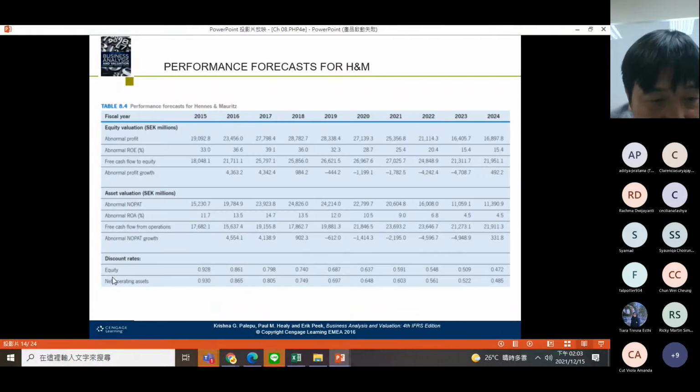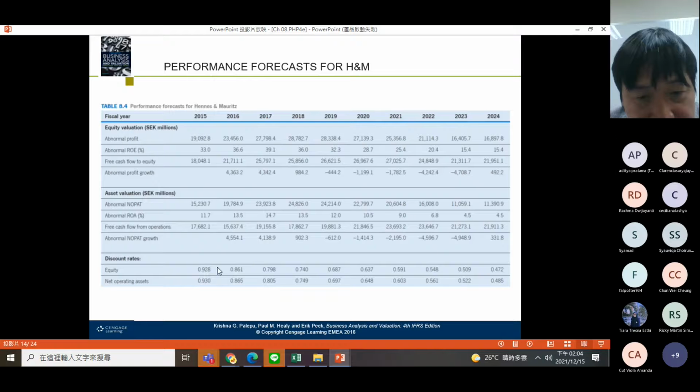So check here: discount rate to equity, discount rate to net operating assets. That's different. In each column you see different discount rates, different risk.